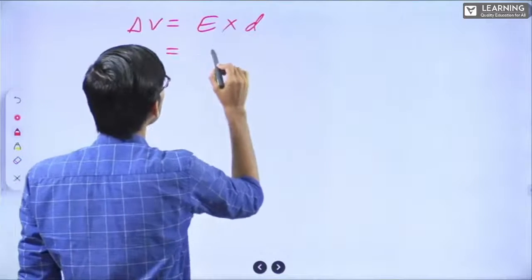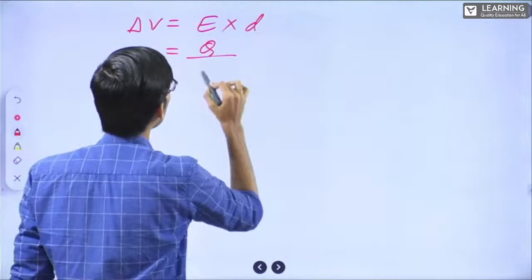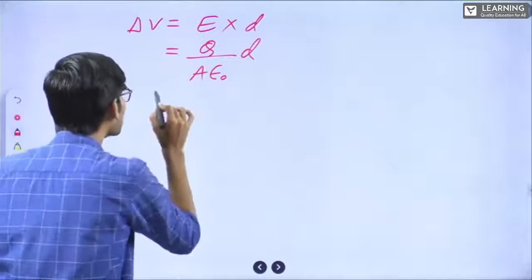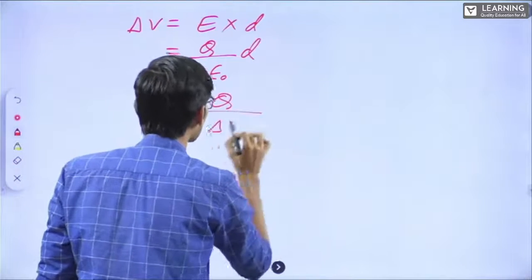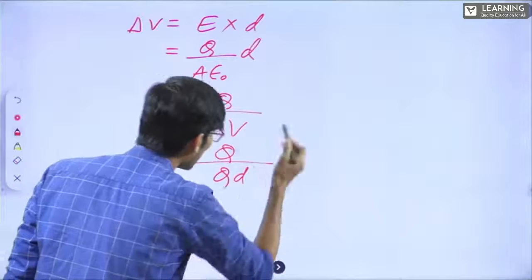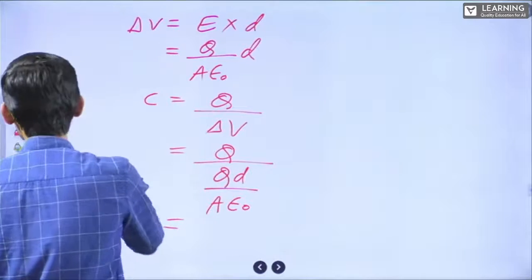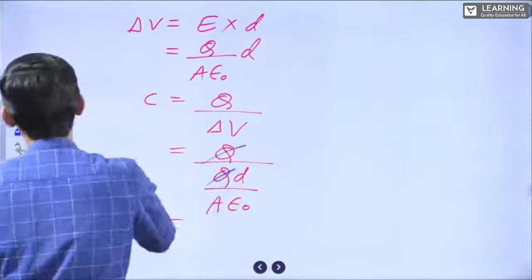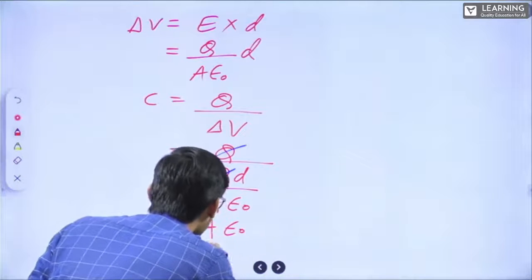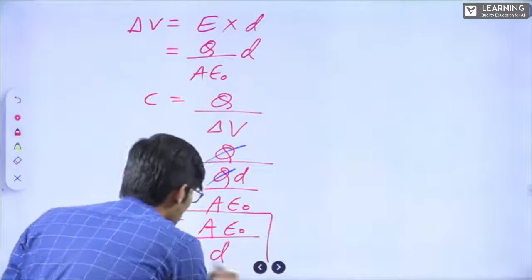Now E is sigma upon epsilon naught, that is Q upon A epsilon naught, and this is D. This is delta V, and C is equal to Q upon delta V, that is equal to Q upon Q D upon A epsilon naught. So A epsilon naught will go up, Q and Q will be cancelled. So this will be A epsilon naught by D. This is C.